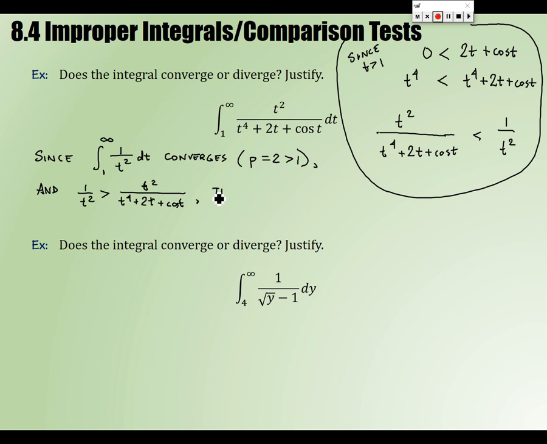Since, I want to make sure my grammar is right, since this converges and this is true, can I say then? Does that grammatically work? Since this is true, then yeah, maybe I'll say.